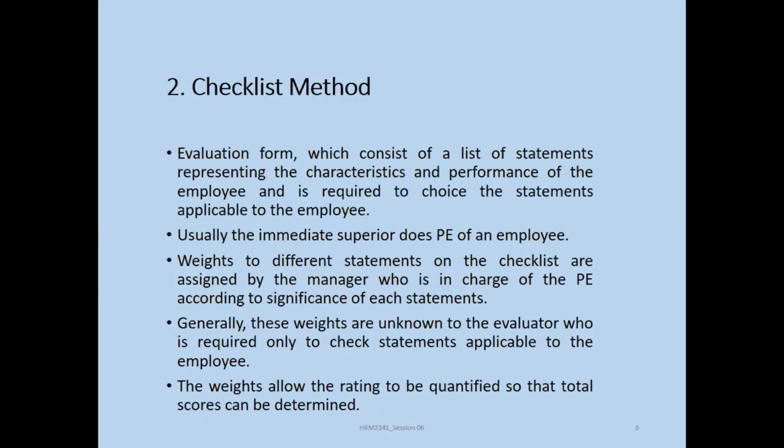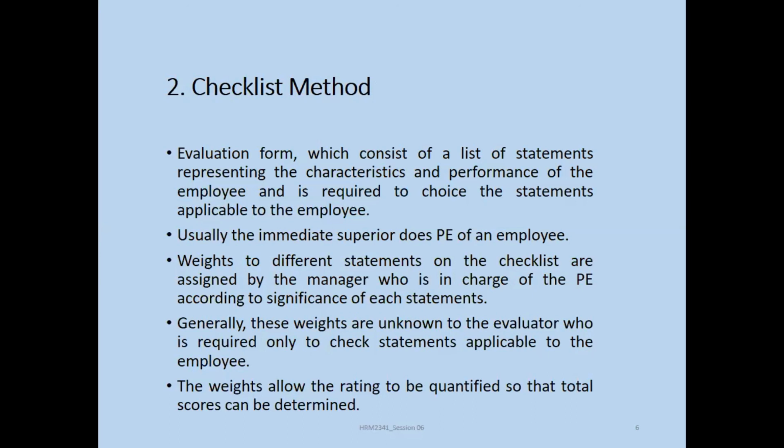The checklist also appears as a performance evaluation form, which consists of a list of statements representing the characteristics and performance of the employee. Basically, these statements regard the performance, meaning traits, behaviors, and results of the employees. The evaluator is required to choose the statements applicable to the employee. That is the evaluator's role.